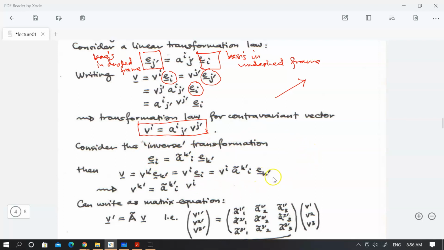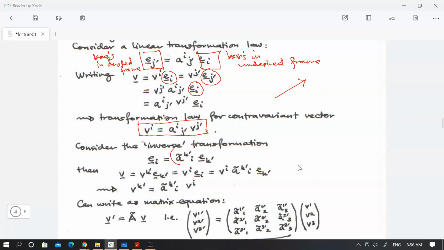Again, doing the same trick, then you'll find that in this particular case, I'm just making this different at the moment. Here I'm labeling this transformation matrix with A. Here I'm labeling your transformation matrix by A tilde to show that it's a different matrix.